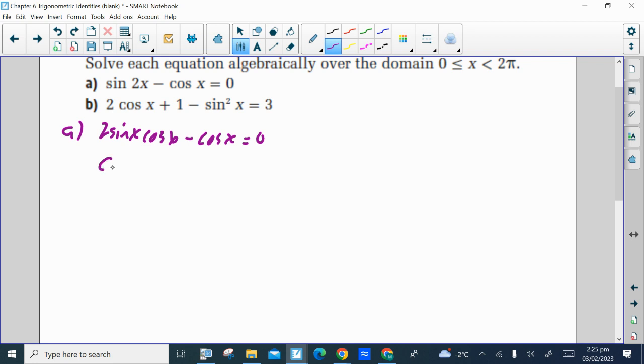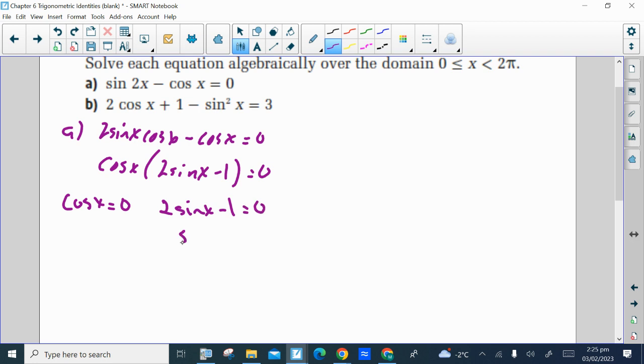There's a common factor of cosine x. If you divide each term by cosine x, that's what we get. So our solutions will be where cosine of x equals 0, and where 2 sine x minus 1 equals 0, which is where the sine of x equals 1/2.